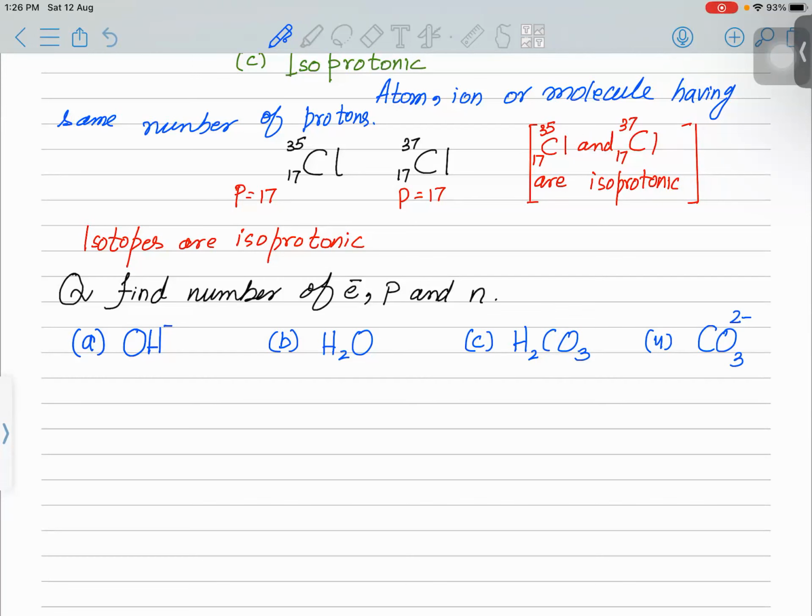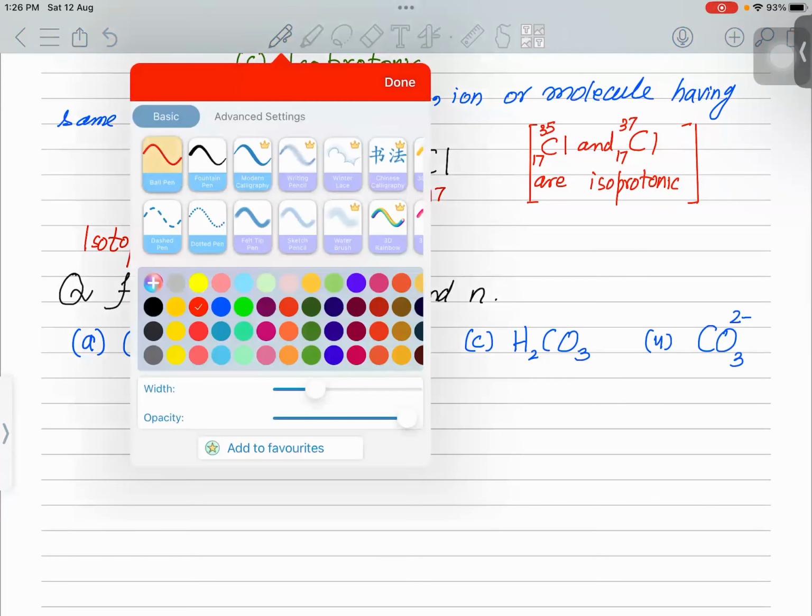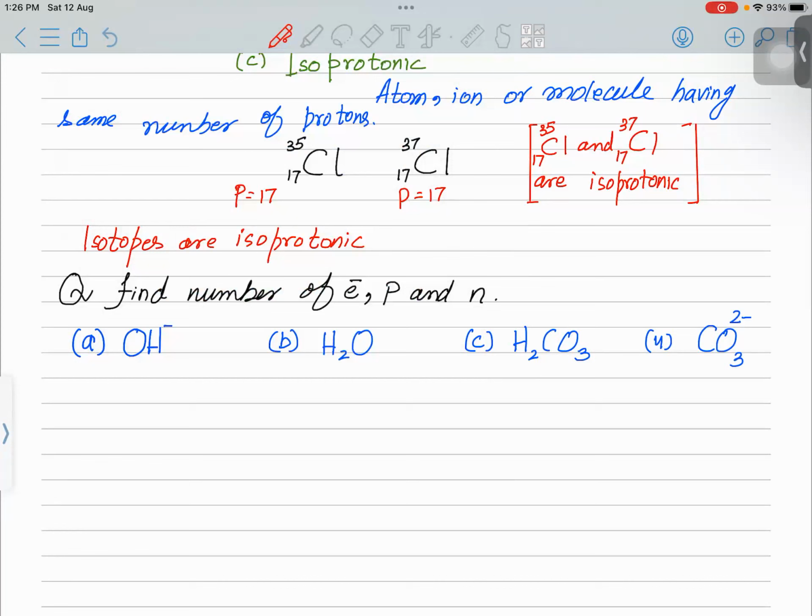Can anyone tell me how many protons oxygen has? 8. So always remember, always find proton first. 8 for oxygen, and hydrogen has 1.